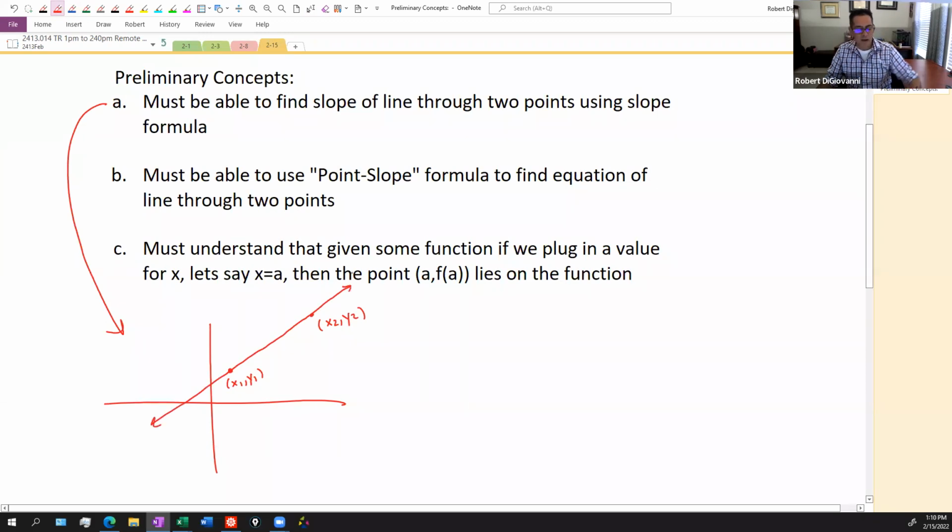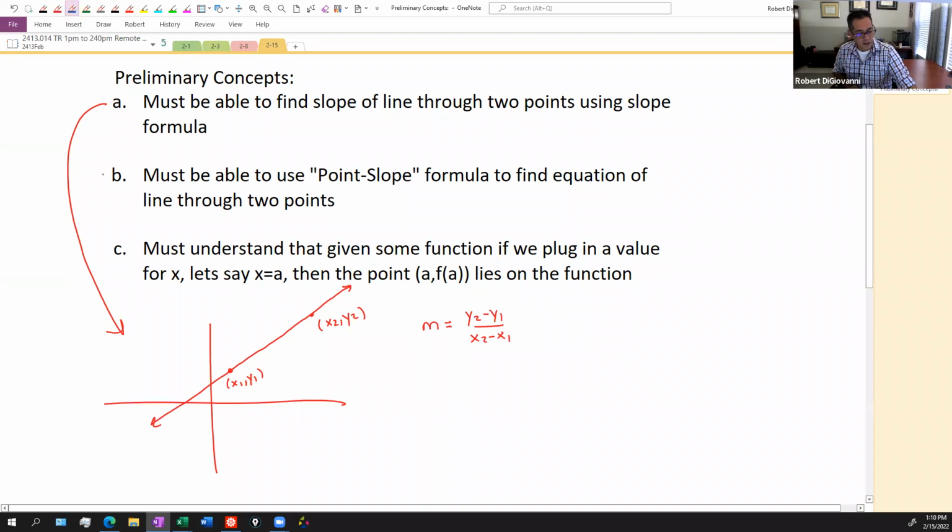And everyone in here should be comfortable first being able to tell me the slope of that line. So you should know this formula that the slope of a line, which is rise over run, is equal to y2 minus y1 over x2 minus x1. I actually went over that in my college algebra class today. So all you do is take the difference of the y coordinates divided by the difference of the x coordinates, and that gives you the slope of the line. That's the first thing you need to know.